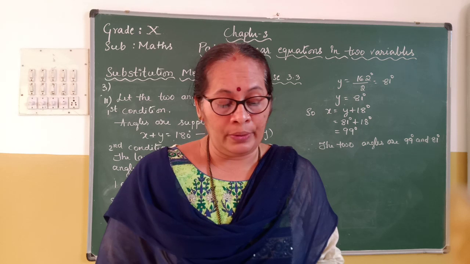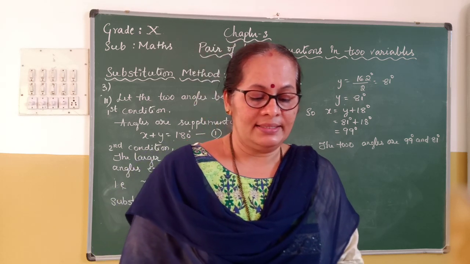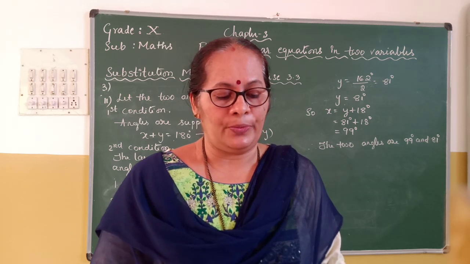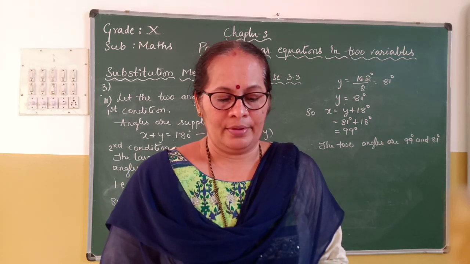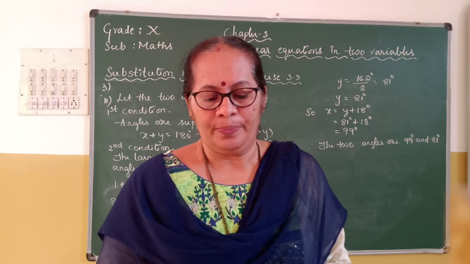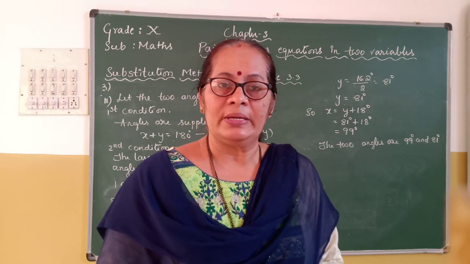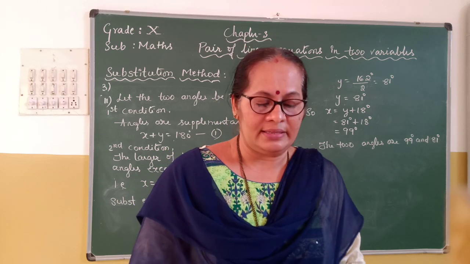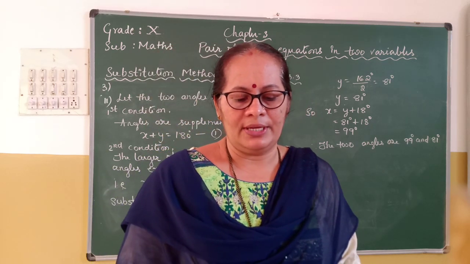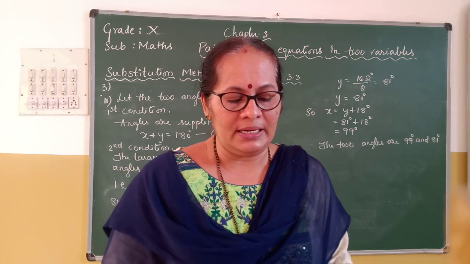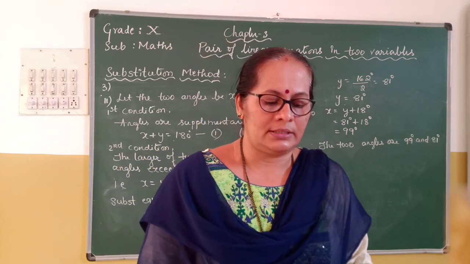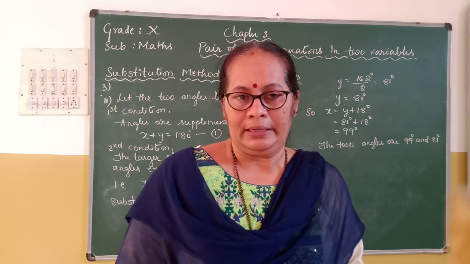I will explain now. The taxi charges in a city consist of a fixed charge together with the charge for the distance covered. For a distance of 10 km, the charge paid is rupees 105, and for a journey of 15 km, the charge paid is rupees 155. What are the fixed charges and the charges per kilometer? How much does a person have to pay for travelling a distance of 25 km?